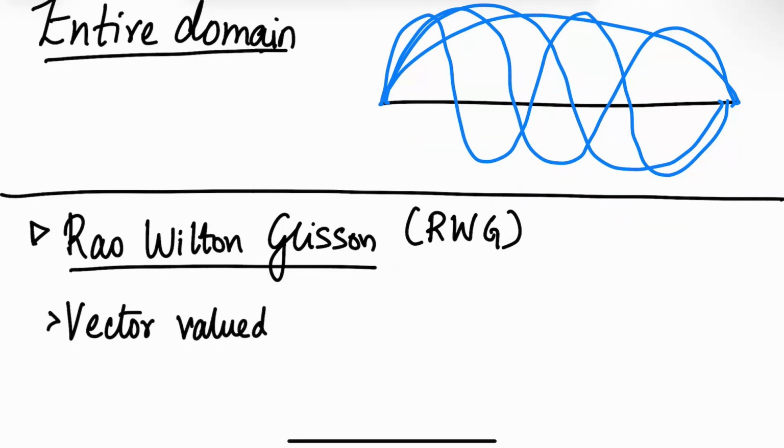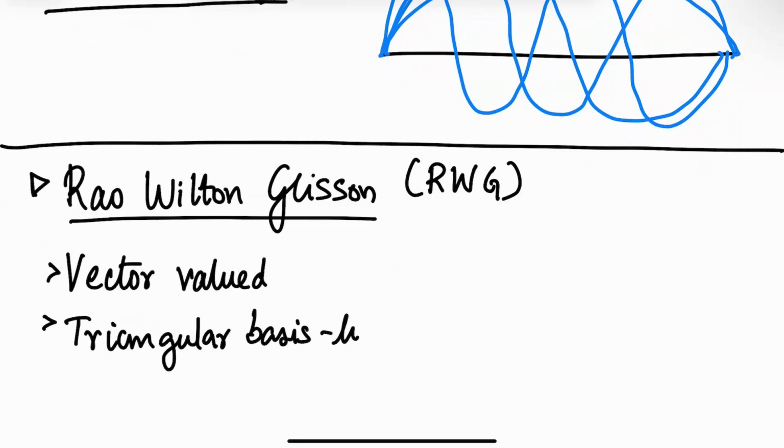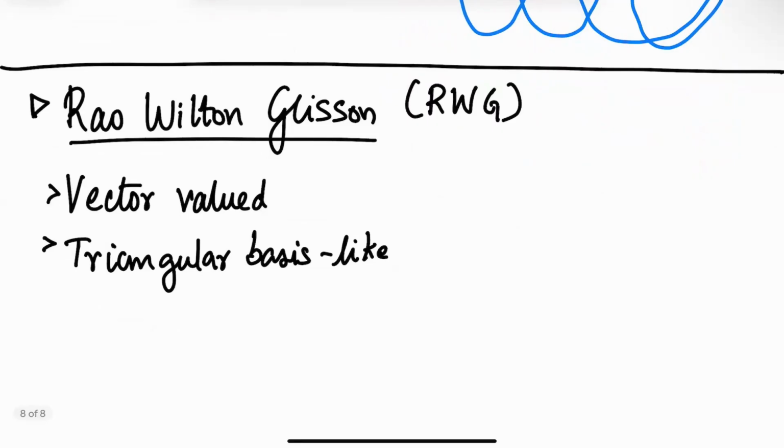It's something like triangular, not exactly. It's like a triangular basis on a surface, like a 2D version of that, and vector valued. And it works well with triangular meshes because of that, right? So it enforces the boundary condition on the current.